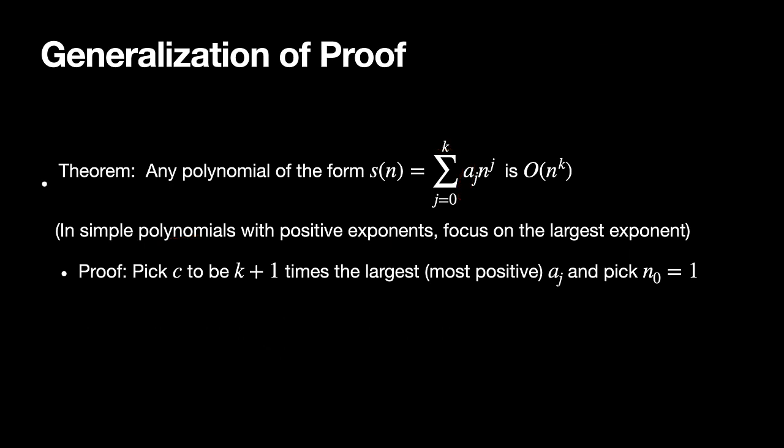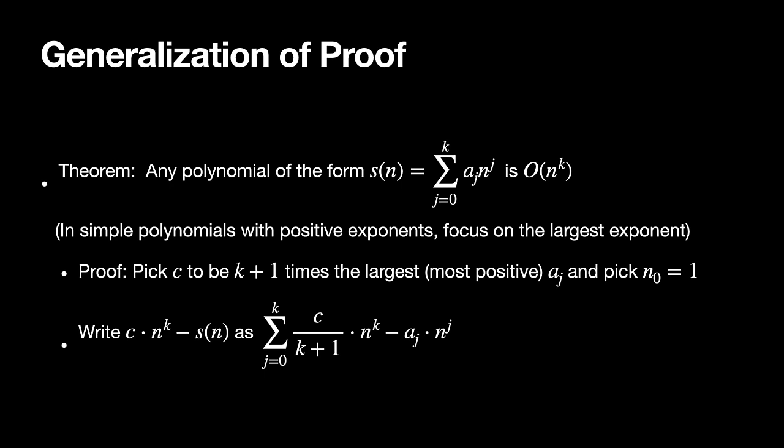Okay, so bear with me here on the next step. What we're trying to prove is that an inequality holds, that our g is always going to be greater than or equal to our f. And we're going to use the same trick that we used in the last slide. We're going to take our definition of the big O notation, c times our g function, and subtract off our f function.